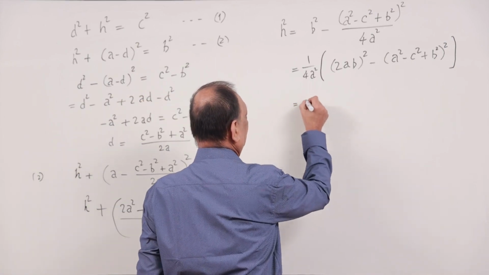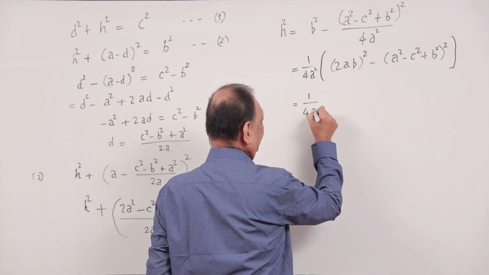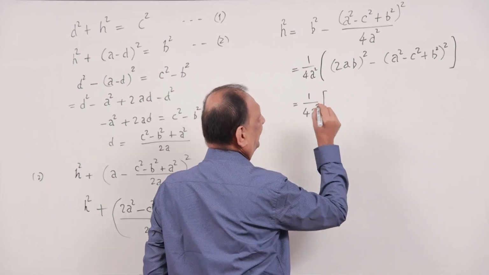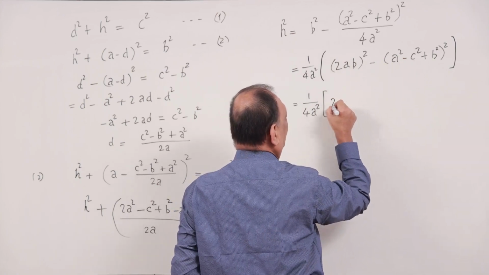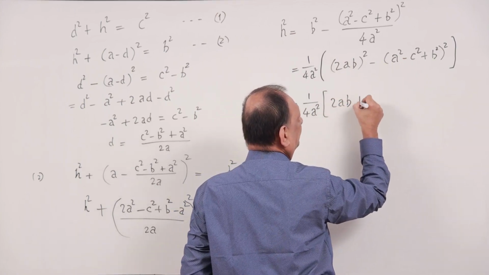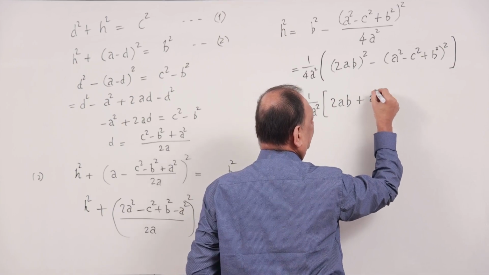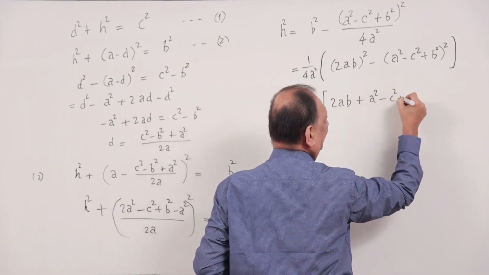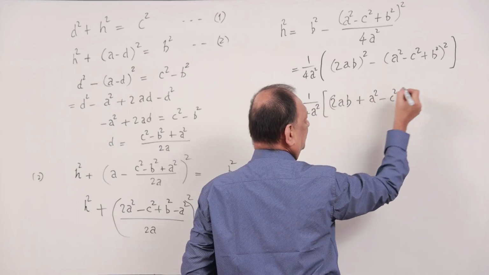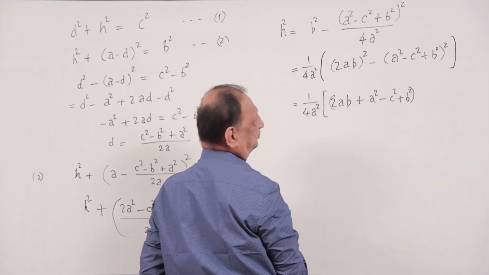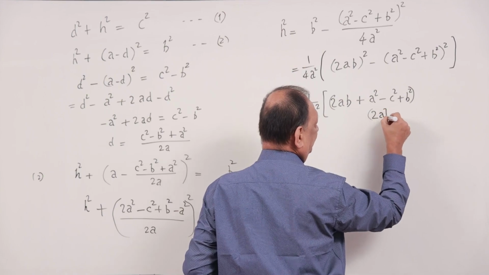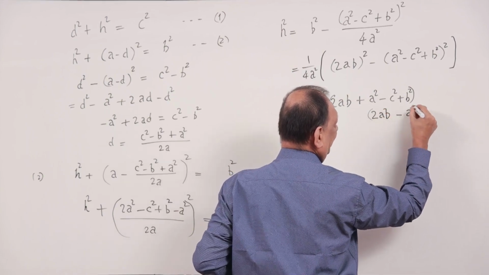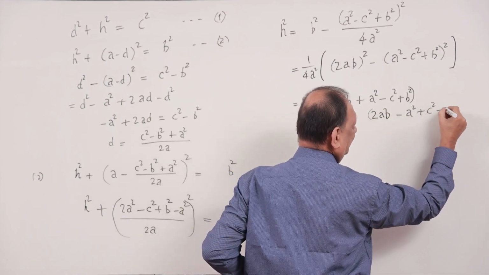So this will be 1 over 4a squared multiplied by (2ab plus a squared minus c squared plus b squared) multiplied by (2ab minus a squared plus c squared minus b squared).